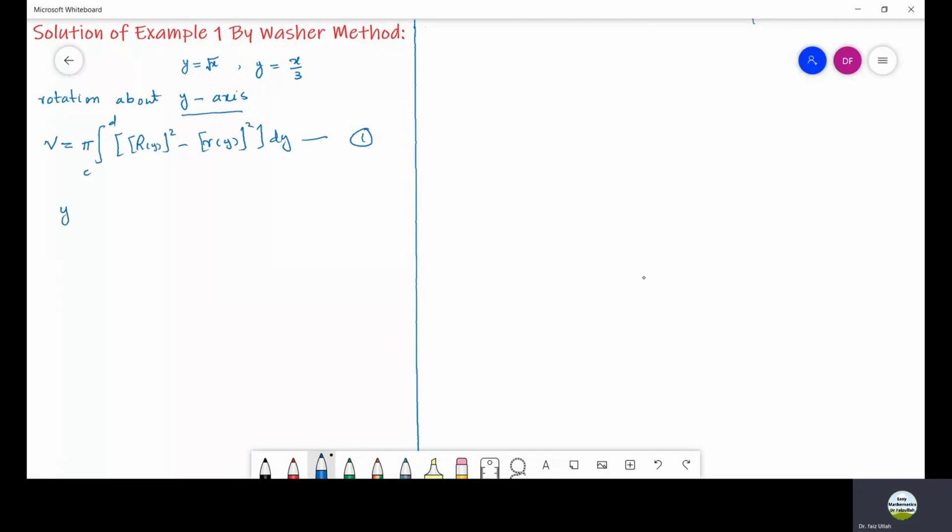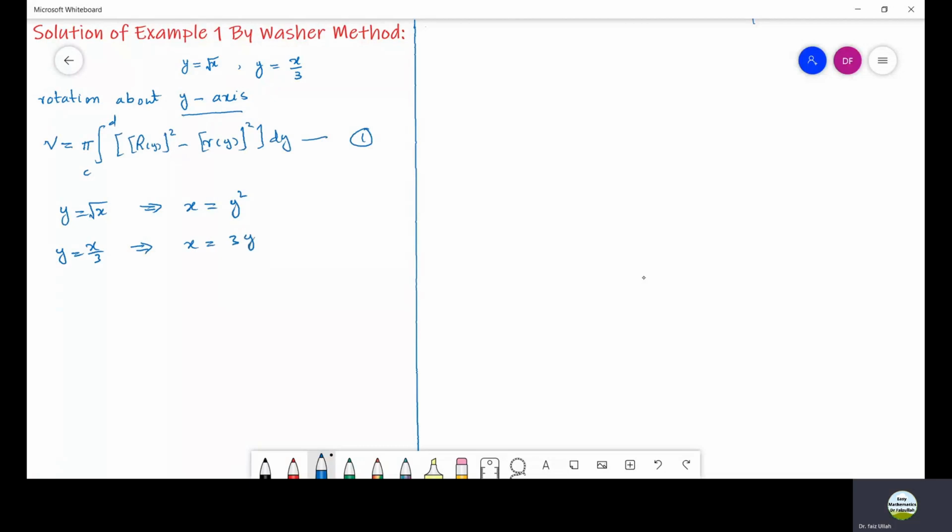Therefore, we convert y equal to root x by squaring both sides. We have x equal to y squared. And from the next curve, y equal to x by 3, we have x equal to 3y.